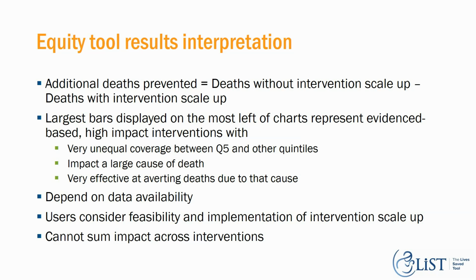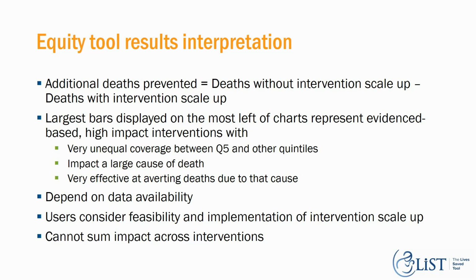A final very important point is that in the overall Lists software, impact is calculated sequentially, meaning if you have multiple interventions that have an impact on the same cause-specific mortality, the impact of the interventions that are higher up in the continuum of care will be calculated first, and the impact of all following interventions as you go along the continuum of care will be calculated only on the residual death.